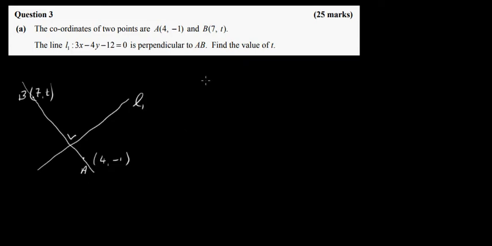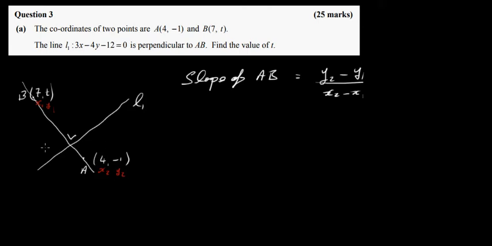So let's have a look at the slope of AB first of all. Our slope is going to be y2 minus y1 over x2 minus x1. Let's say x1, y1 is here, and x2, y2 is here.